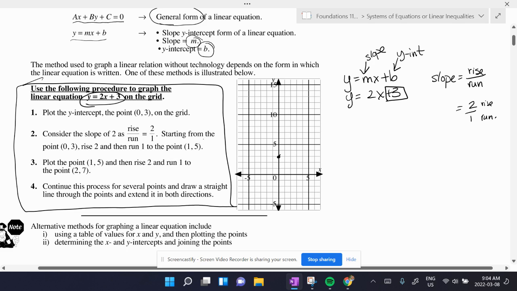So what they're saying here, consider the slope, is basically start at this point, go up 2 and over 1, and then you have another point. And then from that point, go up 2 and over 1, you've got another point. And then from there, you go up 2 and over 1, you've got another point. And you go up 2 more, and over 1, you get another point.